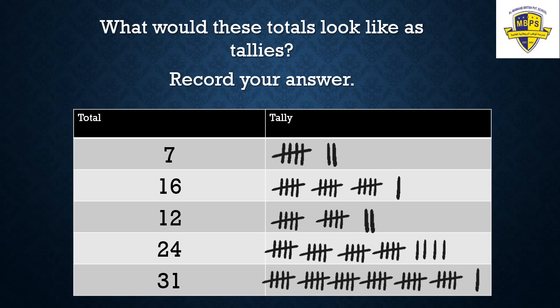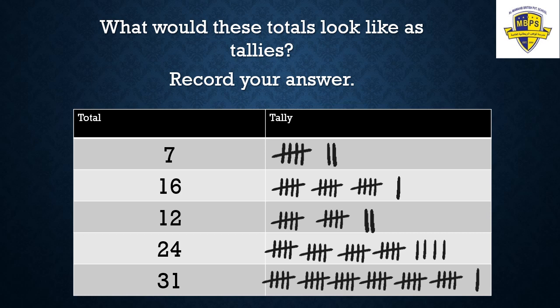So let's start making groups of 5. 1, 2, 3, 4. The fifth line will go across. Again 1, 2, 3, 4. The fifth line will be across. So we have a group of 5, 10. We again need to make a group of 5. So start 1, 2, 3, 4.